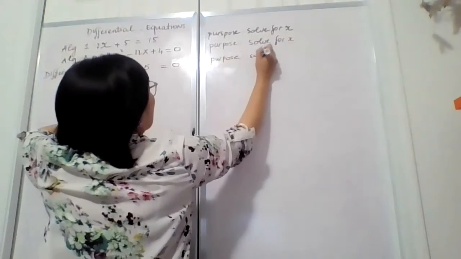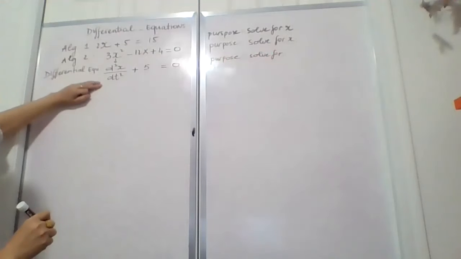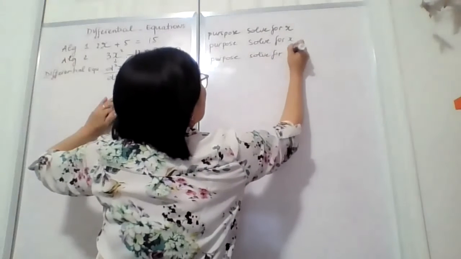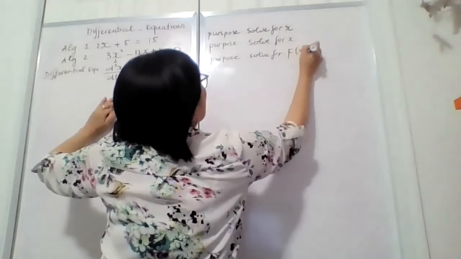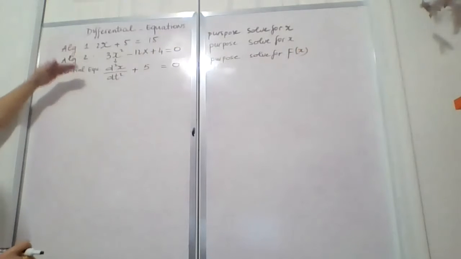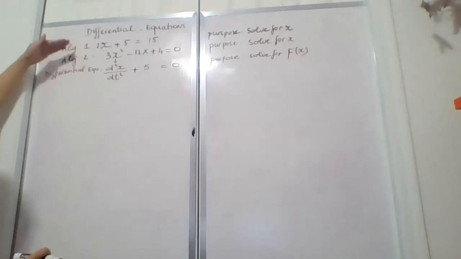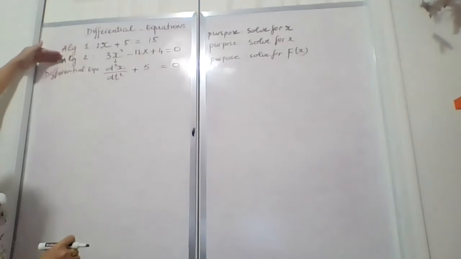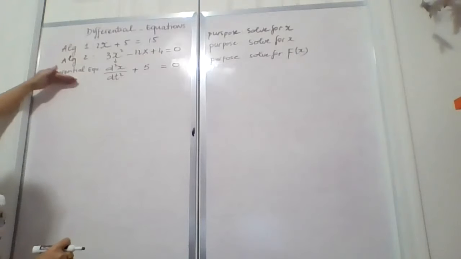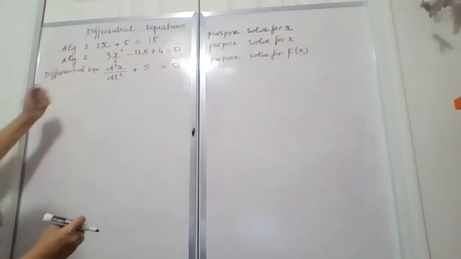We have a differential equation, so we're not going to solve for x anymore. We solve for the function f of x. So that is a higher hierarchical level: algebra 1, progress to algebra 2, and progress to grade 12 calculus level.